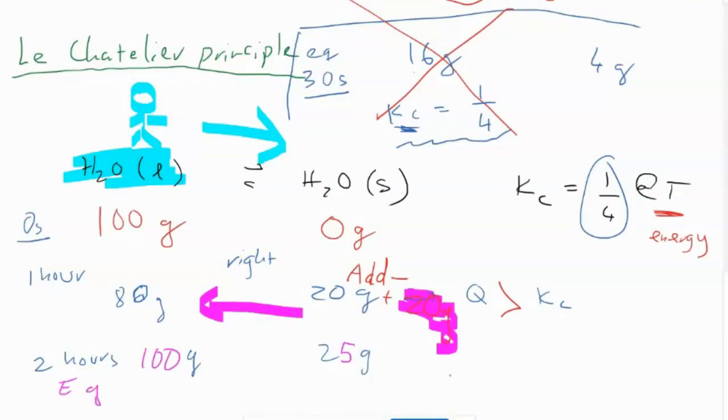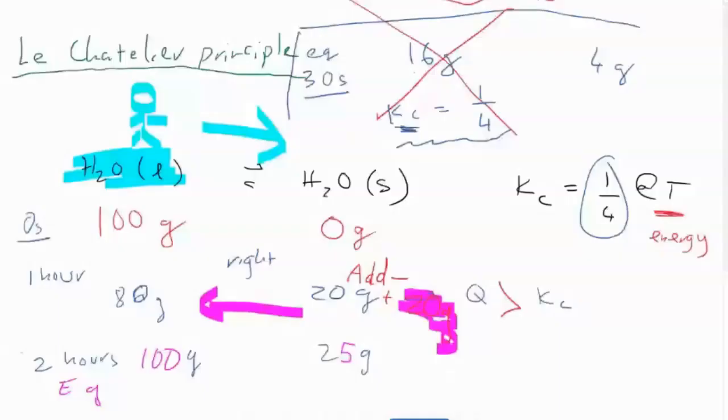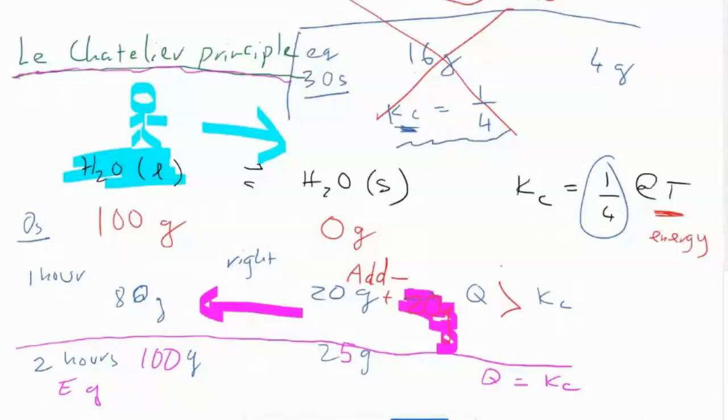So at 2 hours, the equilibrium will shift to the left until I get my Q equal to my Kc again. And so that is the Le Chatelier principle. The equilibrium will shift toward the direction in order to restore the equilibrium.